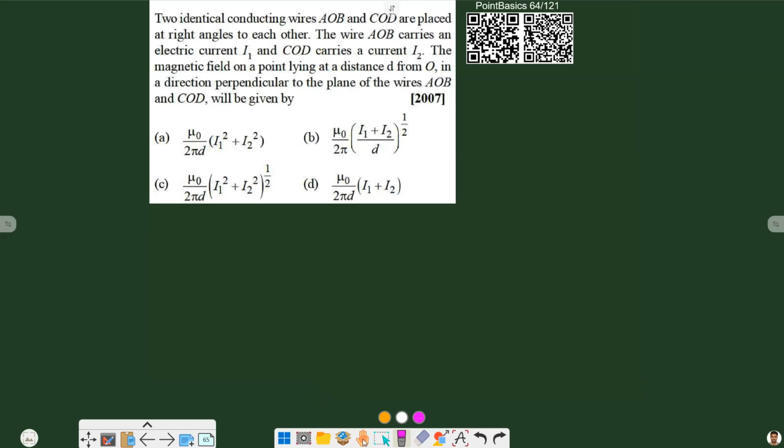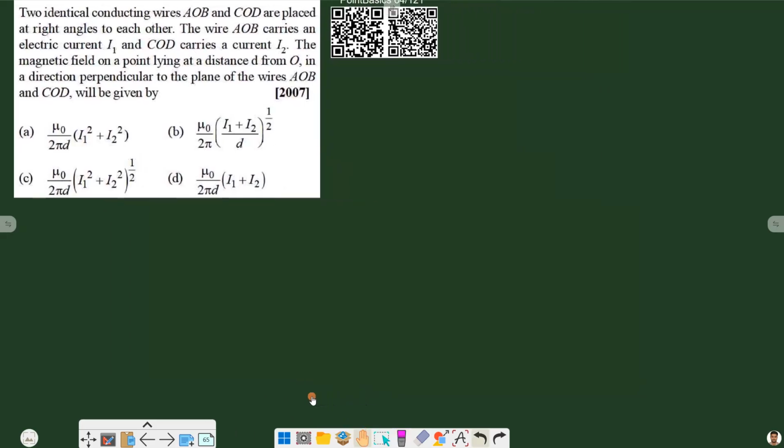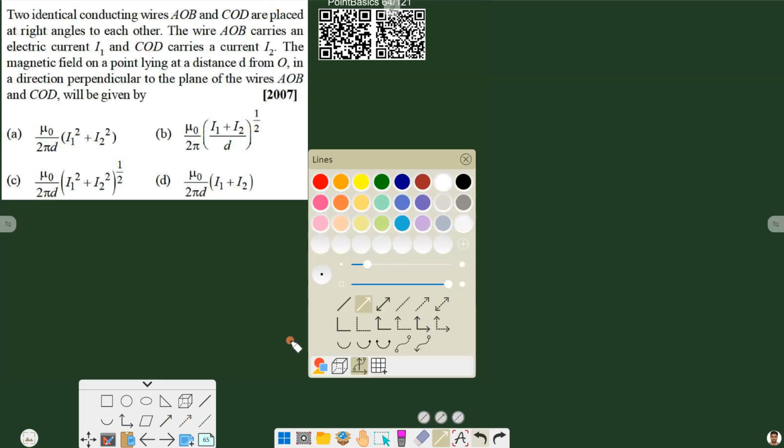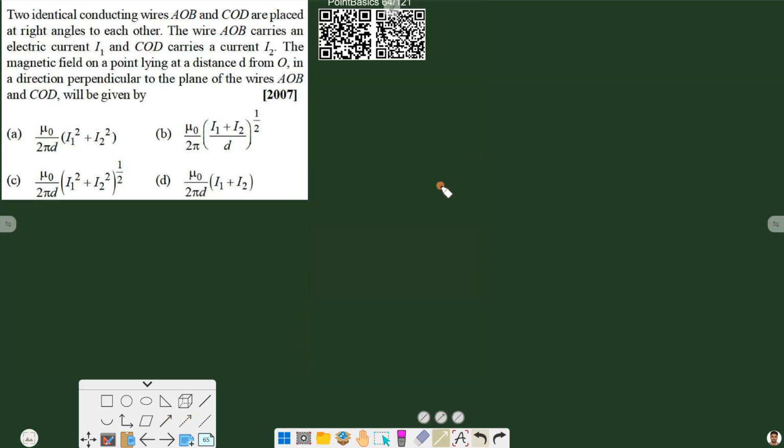So we have two wires perpendicular to each other. Let's draw them. Suppose this is the first wire and this is the second wire.